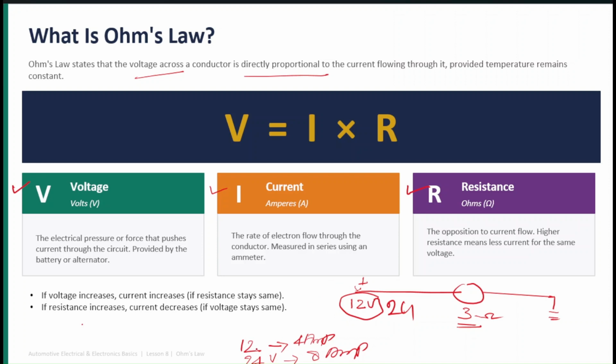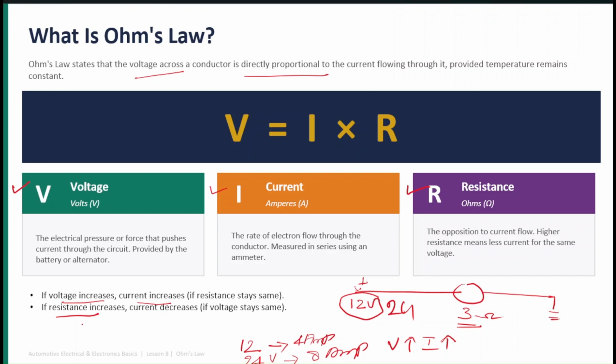Directly proportional means if voltage is increasing, then current will increase and vice versa. So in a circuit, if you increase the voltage, the current increases. If you reduce it, current reduces.